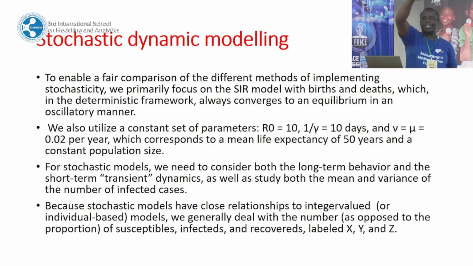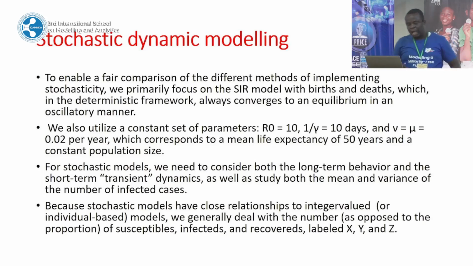The oscillatory dynamic shows that there's a wave, and after some time there's a damping in the oscillation. A wave starts, and then after some time it goes down. The reason is because the disease is going to extinction. Once the disease is going to extinction, the wave starts reducing, and there's a damping in the oscillation.